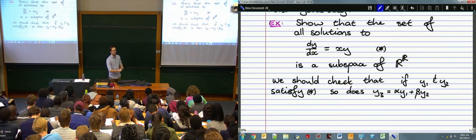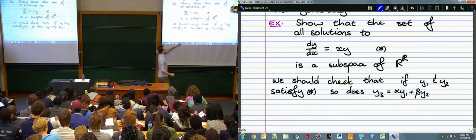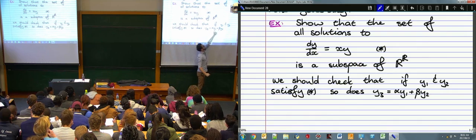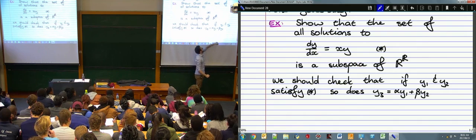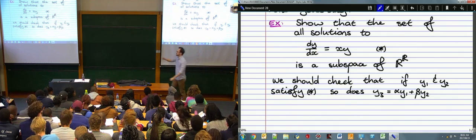This arbitrary linear combination is really checking scalar multiplication and vector addition at the same time. You can think of it as checking vector addition, because if alpha and beta were just 1, we have vector addition, and if beta is equal to 0, we have scalar multiplication.